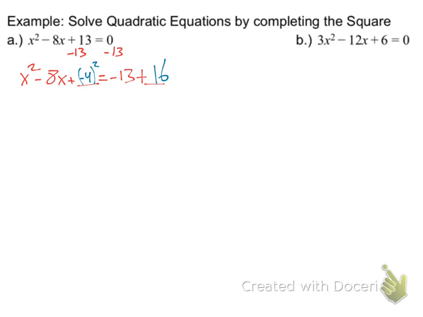Does anybody remember why we do this? I know everyone in here has done this before. But the next step says factor. Well, guess what? What this does is it sets up a perfect square trinomial on the left side. And so, to factor it, all you do is bring down an x, bring down minus 4, and square it.